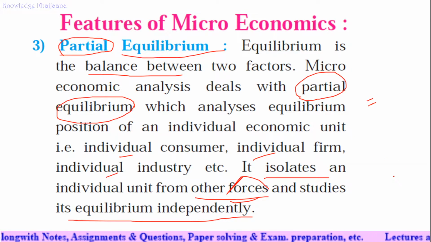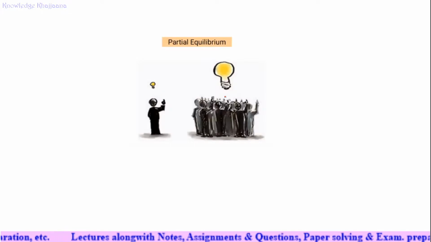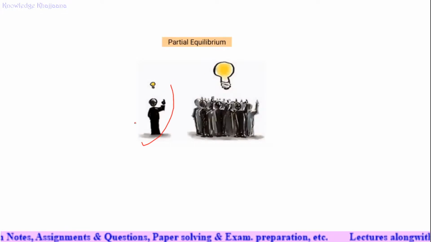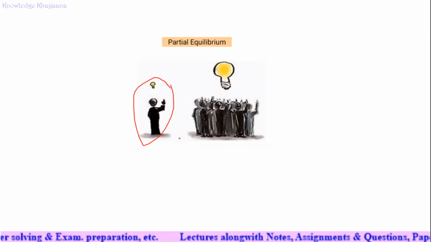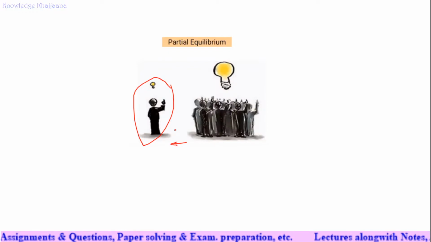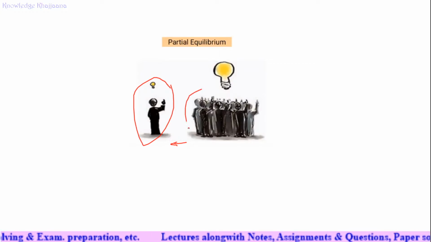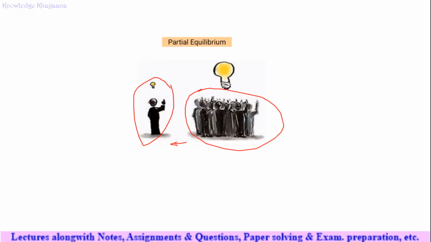It means it deals with the equilibrium which analyzes the individual economic unit. This is partial equilibrium, not of all, only of the single. Isolates means that if a single consumer is to be studied, then he is isolated, kept separate from the crowd, and he is studied.